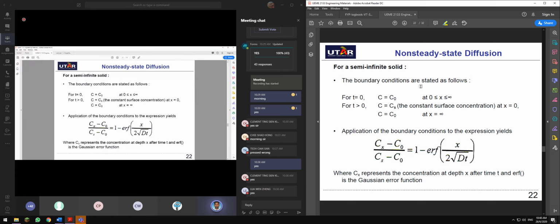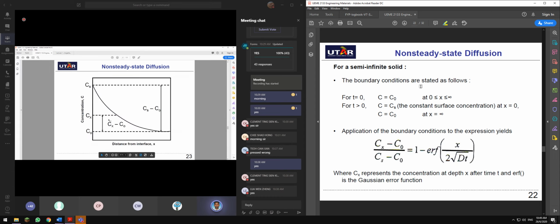Cx, the concentration at an unknown distance, minus C0, the initial concentration, divided by the surface concentration minus the initial concentration, where Cx represents the concentration at depth x after time t, once the time starts ticking, and erf stands for the Gaussian error function.